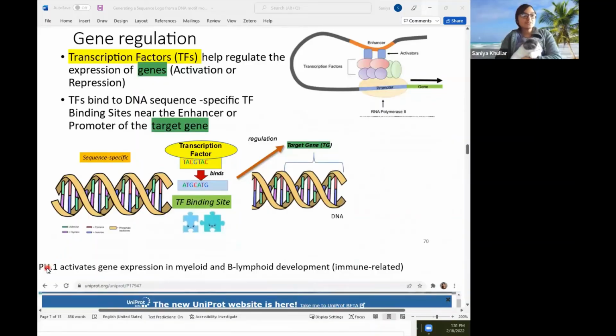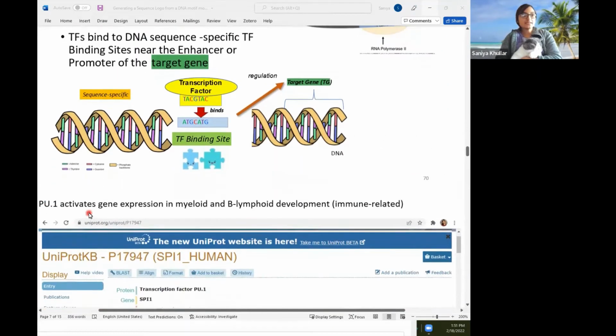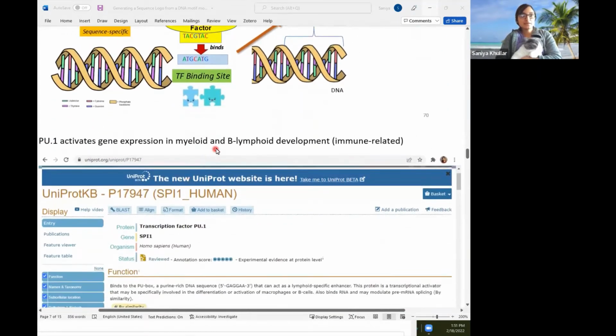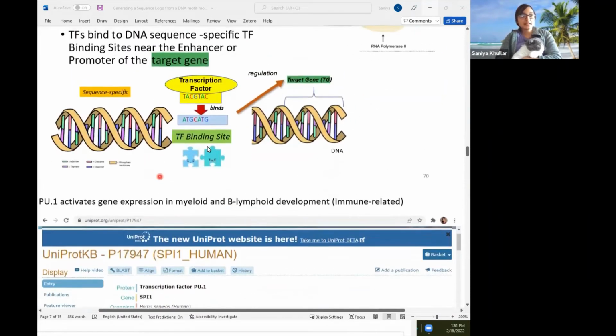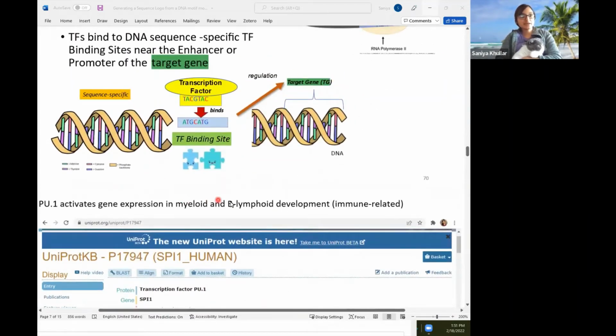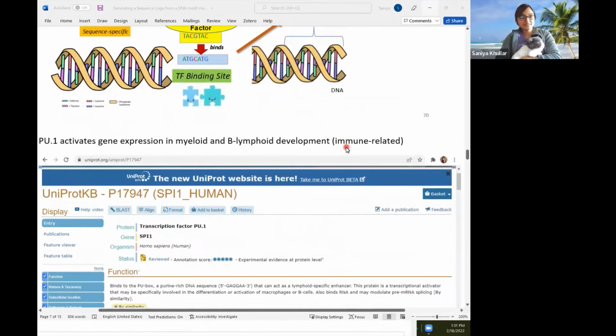This transcription factor, PU.1, activates gene expression in myeloid and B lymphoid development, which are immune related. So it's helping activate gene expression in myeloid and B lymphoid cells, these immune cells.